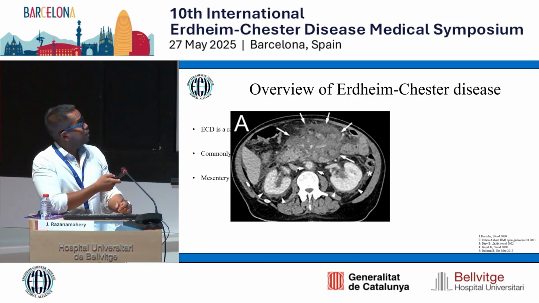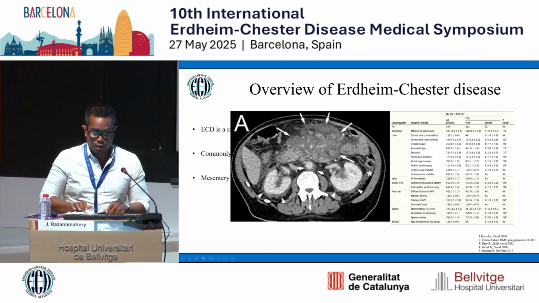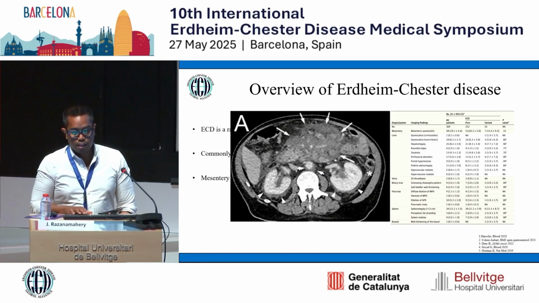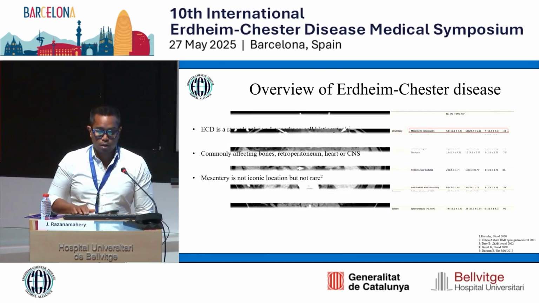This figure is from a paper from Fleur Cohen, with a patient with a mesenteric mass, and you see here hairy kidney and vascular involvement. And looking at this work done in Pitié-Salpêtrière, you see that about 20% of patients can have mesenteric involvement.